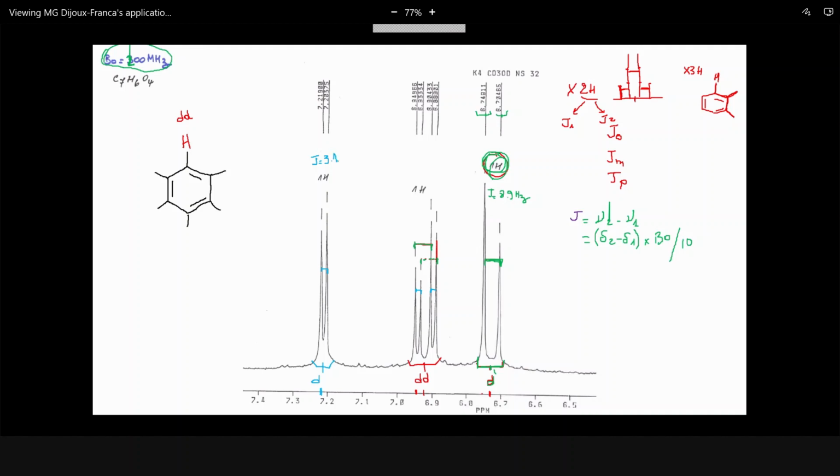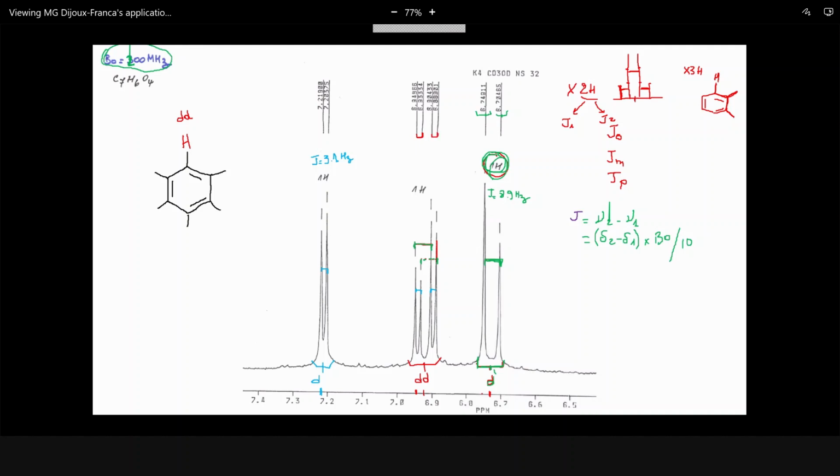Let's say 3.1 hertz. And in the red one, the first one, the small one, you can calculate here or here.